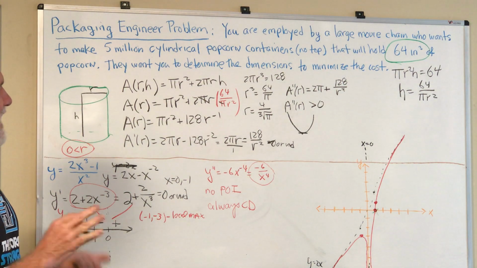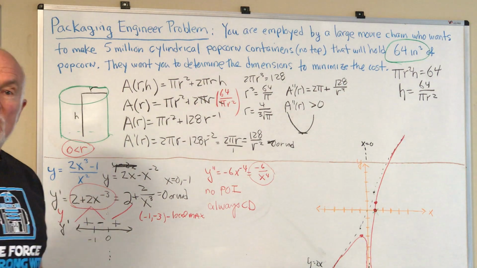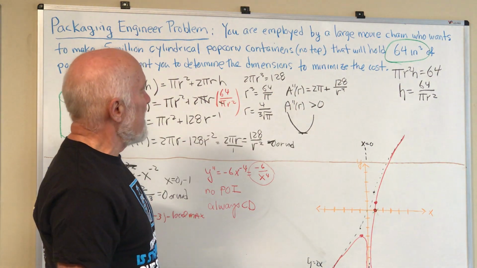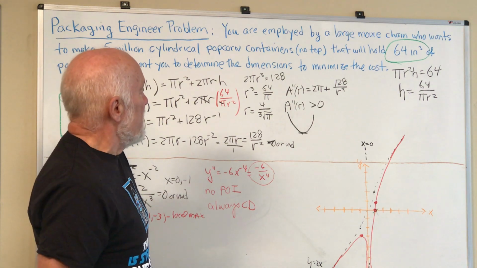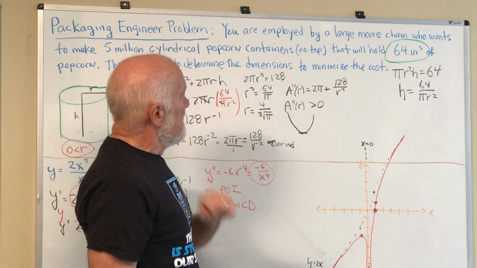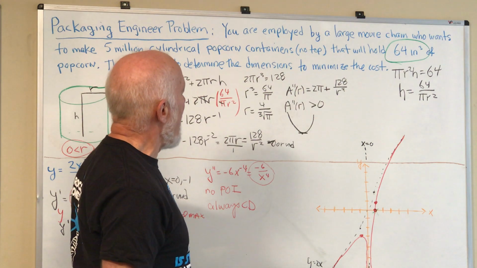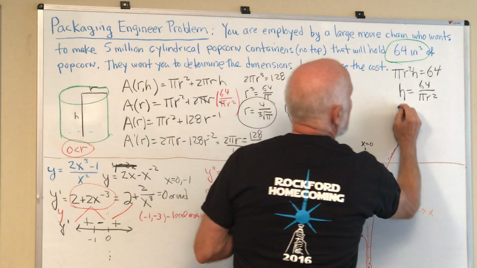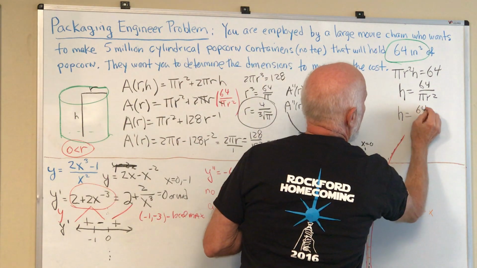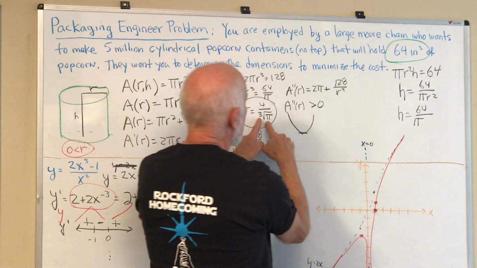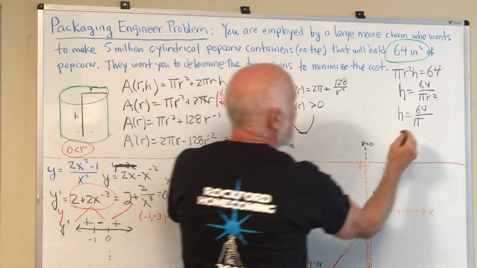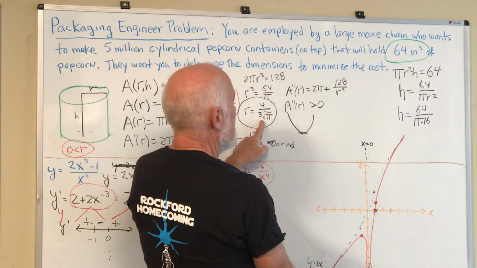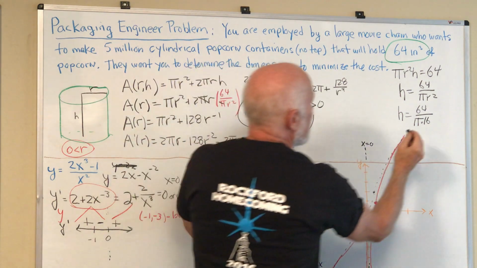So we don't even have to put this on the number line. That would have worked also if we used the first derivative test, but it's always good to check out the second derivative test. So we've got our answer. That is going to be the absolute minimum, where r equals that, and then h is going to be 64 over pi times r squared, which is 16 over pi to the 2/3.